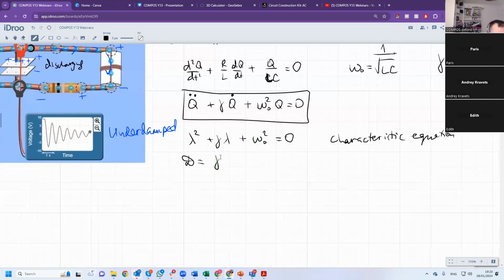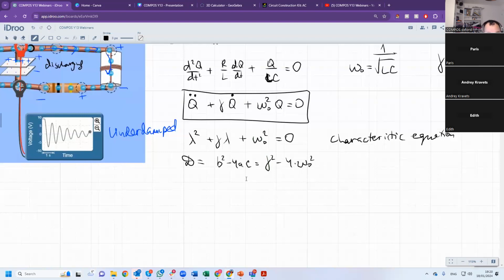Well, it's a quadratic equation, so it's b squared minus 4ac, which is gamma squared minus 4 times omega 0 squared. This is the discriminant.